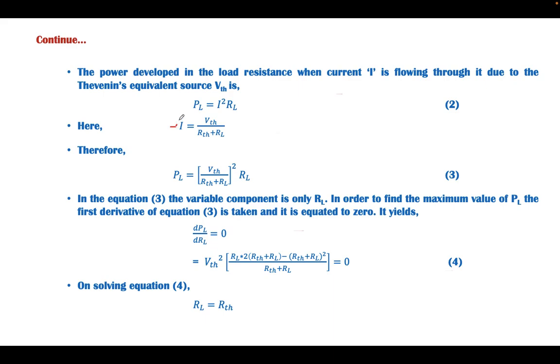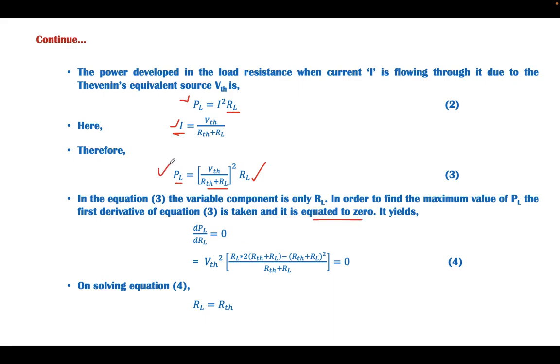This is the current flowing in that circuit. The power due to the flow of this current in the load resistance RL will be given as I square RL. Putting the value of I over here, PL will be equal to VTH by RTH plus RL, whole square, into RL. Now, in order to find the maximum value of PL, that is the power across the load RL, the first derivative of this equation is taken and equated to 0.